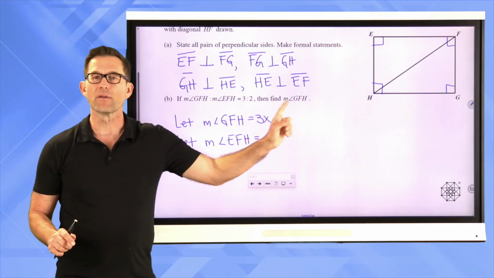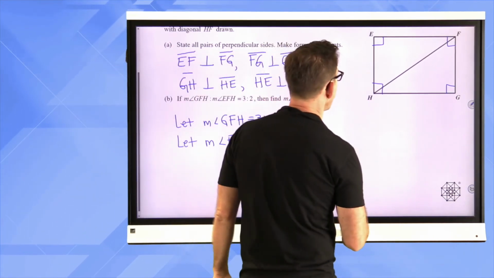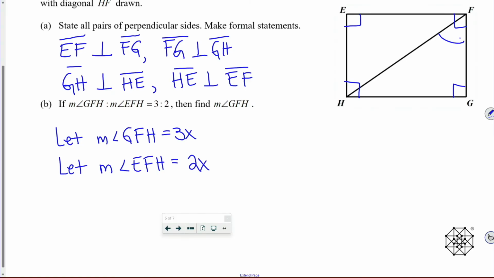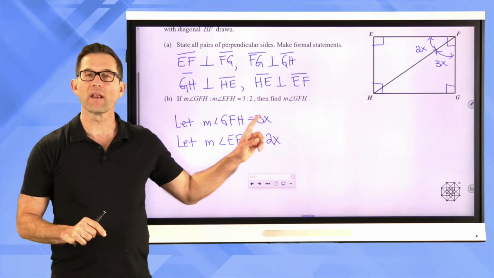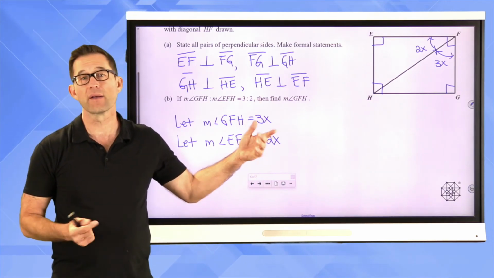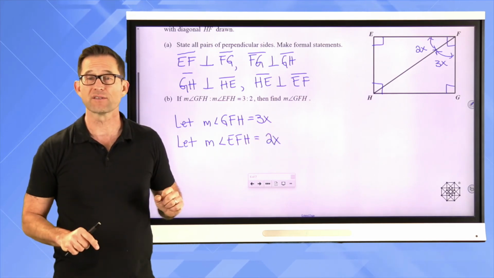Now, let's take a look. We want to find the measure of GFH. Let's kind of label these on the picture. GFH is 3x. EFH is 2x. Okay, we want to solve for x because that will then allow us to figure out the measure of these two angles, or better yet, just the measure of GFH, because that's the only one they asked for.